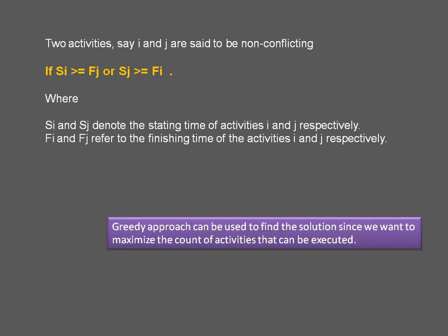We use the greedy method over here. The greedy approach can be used to find the solution since we want to maximize the count of activities that can be executed within a single time frame. Now we will see the different steps to execute the activity selection problem. For that purpose we will have the input.